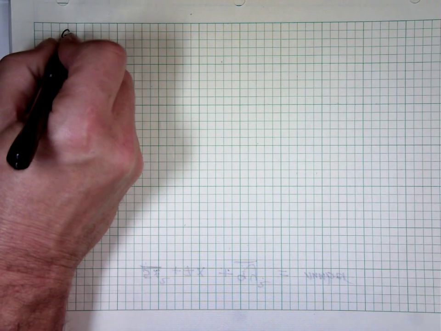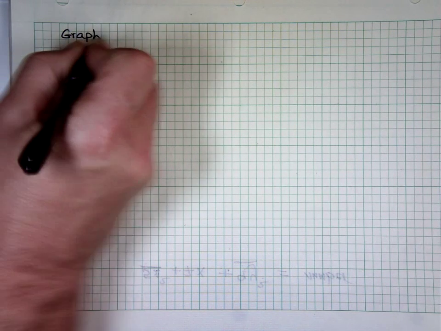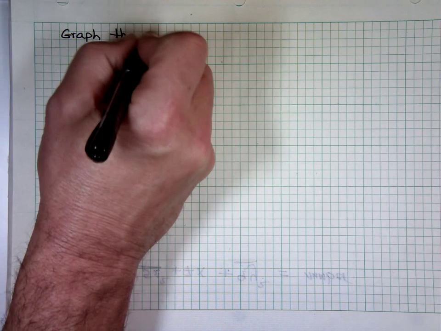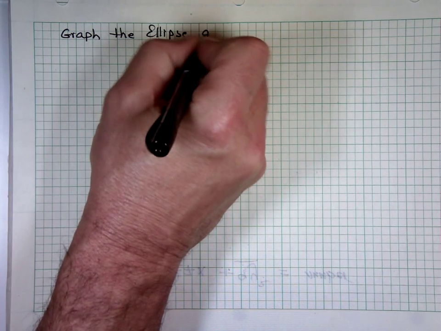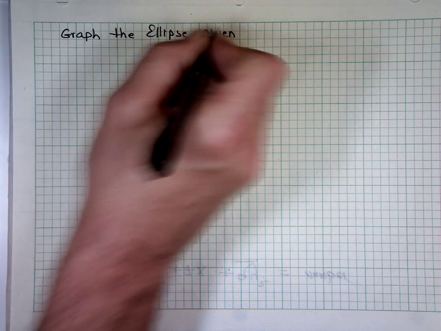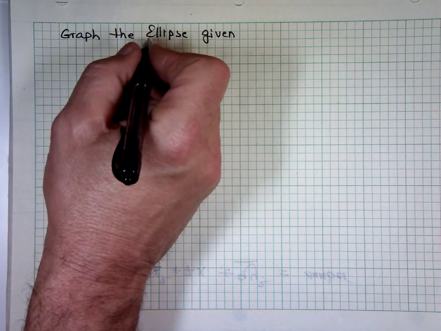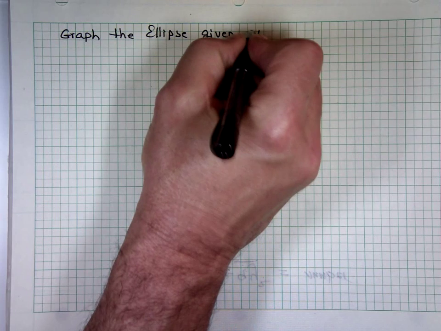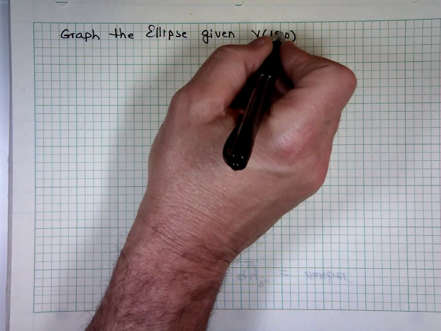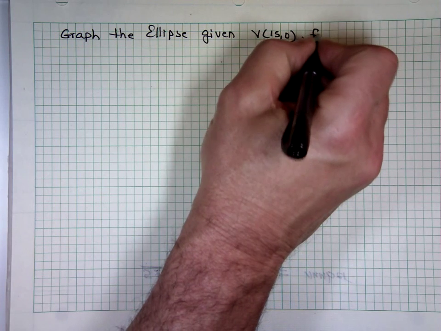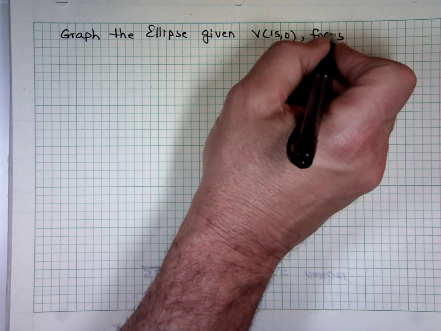This one I'm going to give you: graph the ellipse given... what? Here's what we know about it. The vertex at 15 comma 0 and the focus at 9 comma 0.